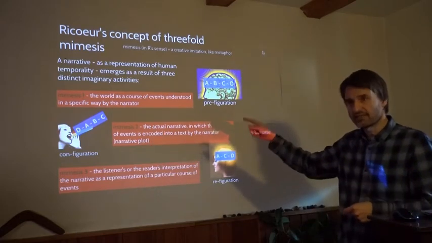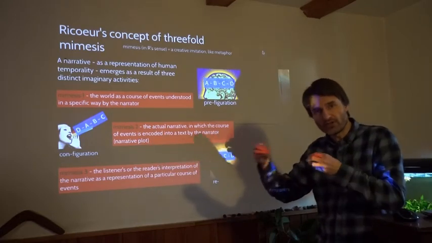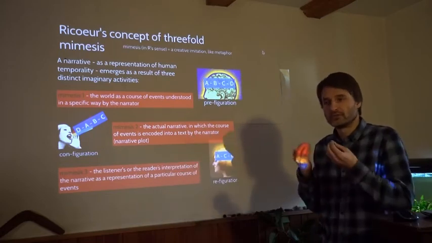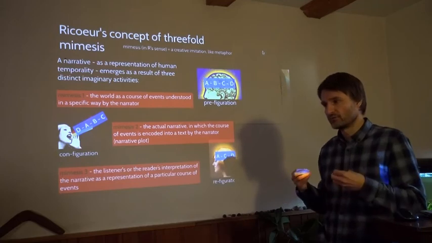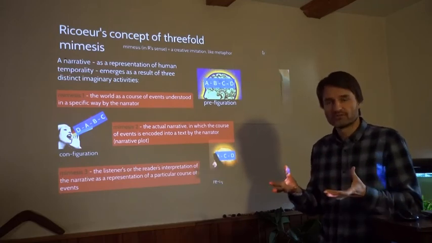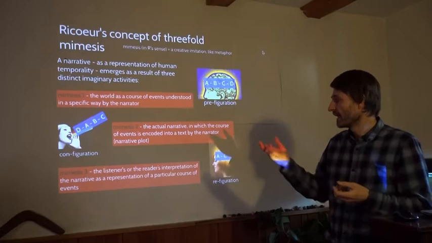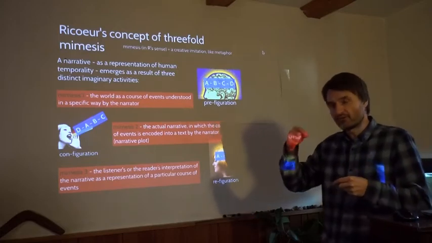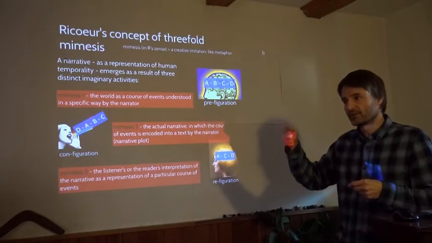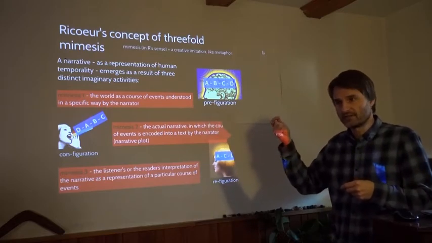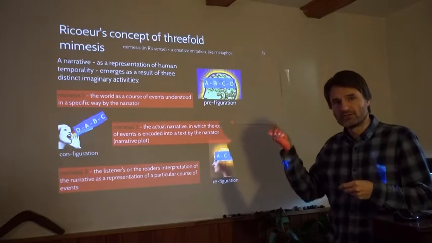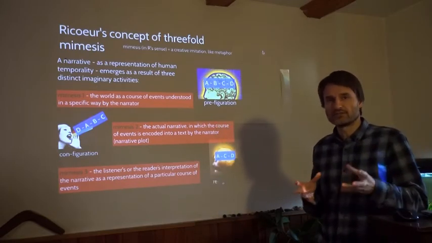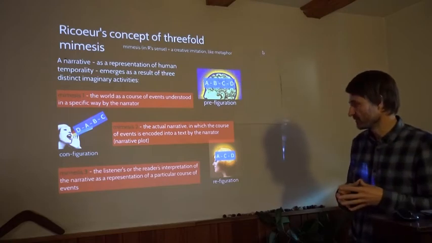The second is to transform the chain of events we discovered in the world into a narrative, to create a plot or to find a plot. And third is the listener who somehow decodes creatively what he or she hears into a sequence of events and the message which is related to the sequence of events in the narrative.